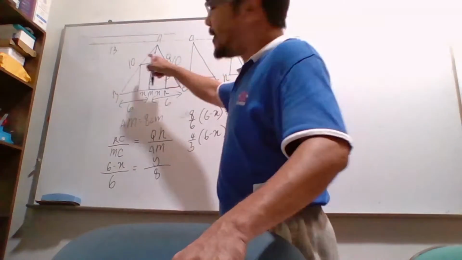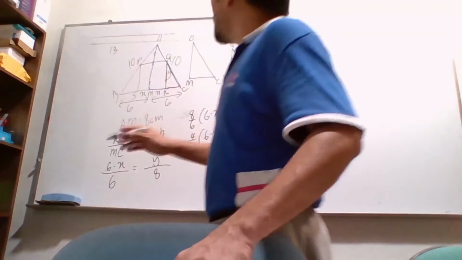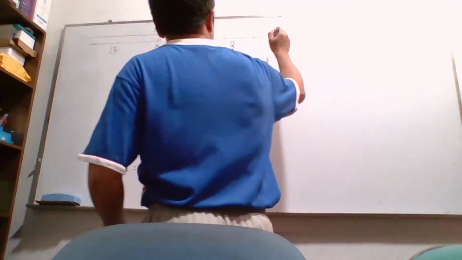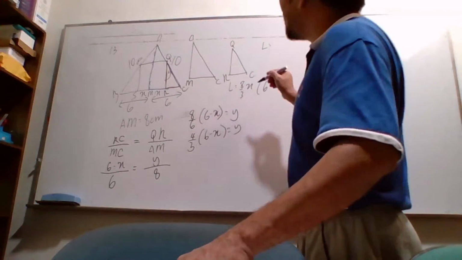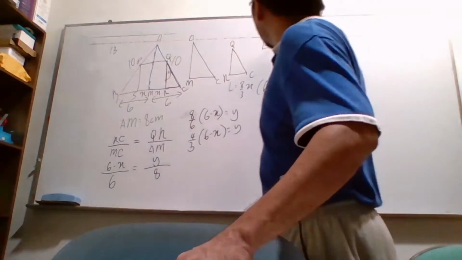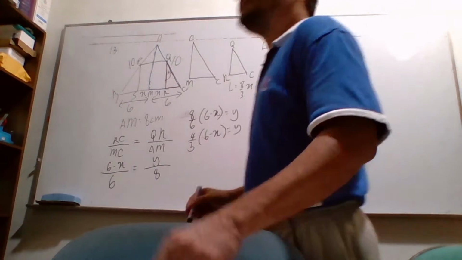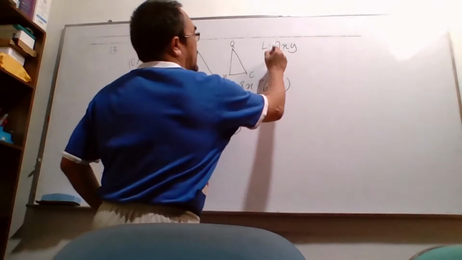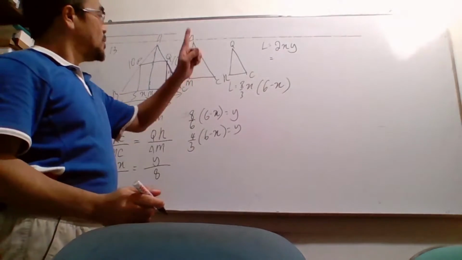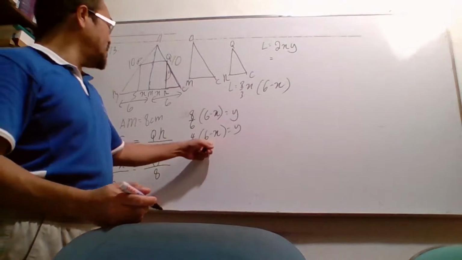Now, show that the area of the rectangle PQRS is L. So L is 2x times y. And we replace y with 4 over 3, 6 minus x.